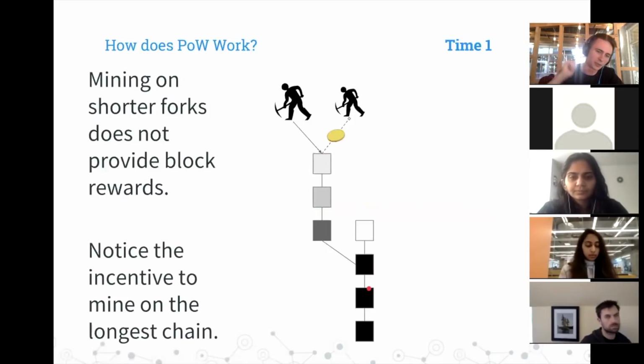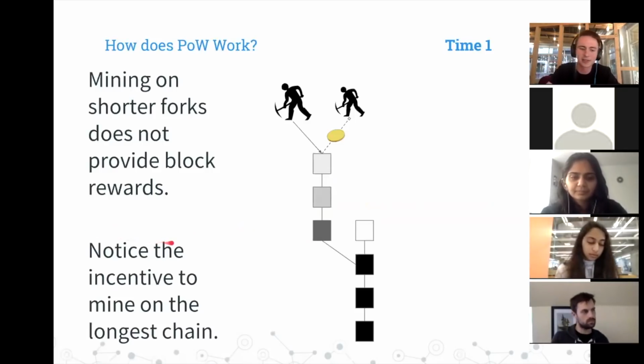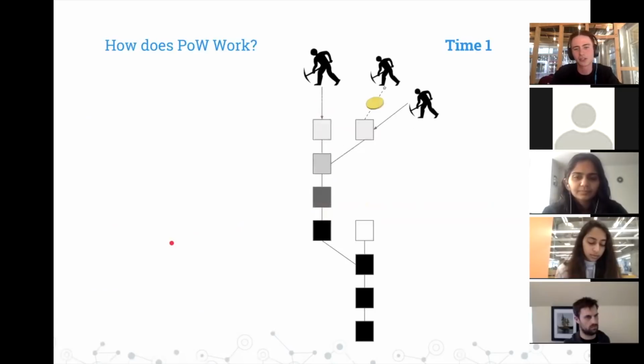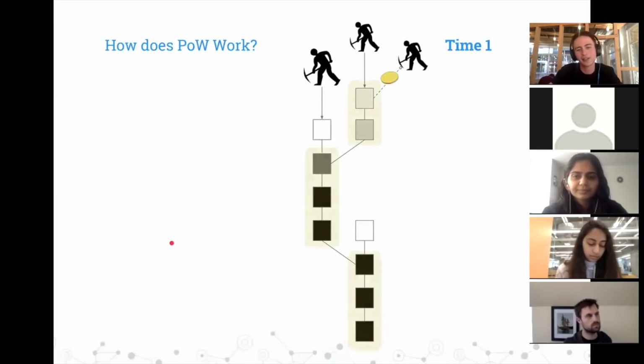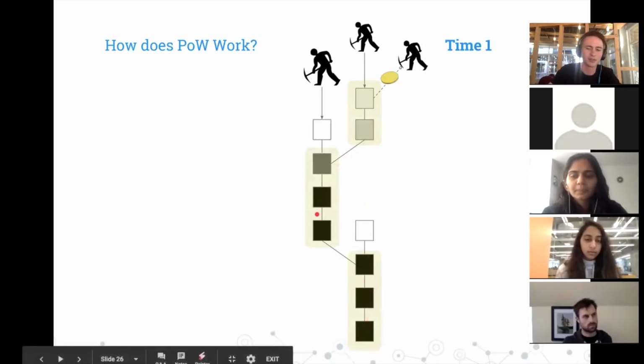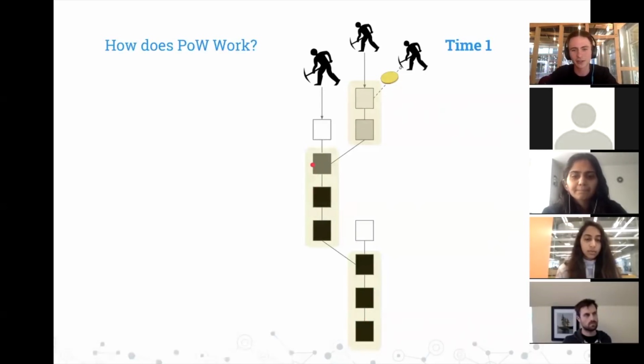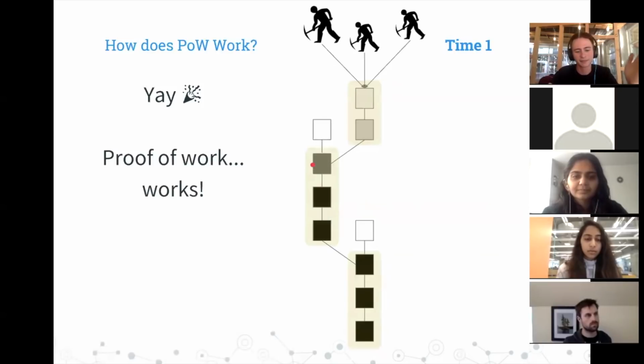It's a super simple and elegant algorithm, and I definitely am a big fan of proof of work, right? And yeah, great. Mining on shorter forks doesn't provide the block rewards, and so we have this incentive to mine on the longest chain. So it continues here, and the darker it gets, it shows that it's harder and harder to revert. And so there's our chain. Great.